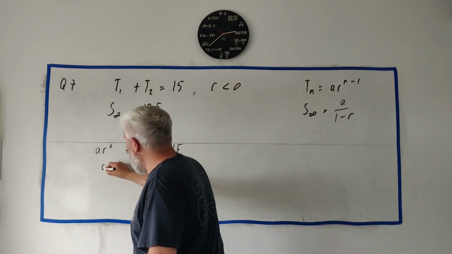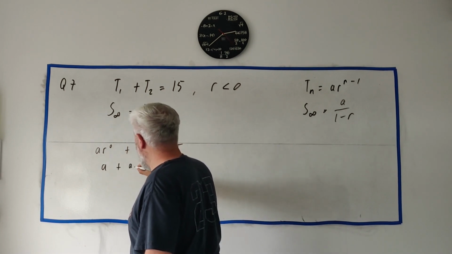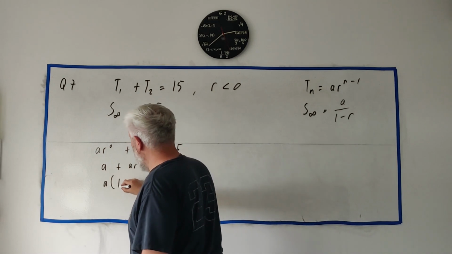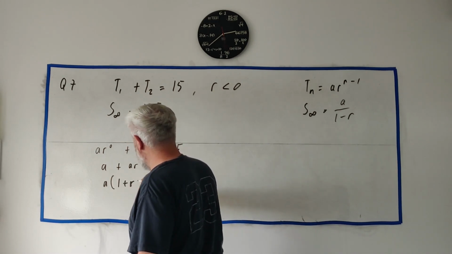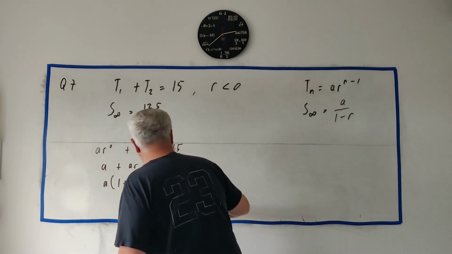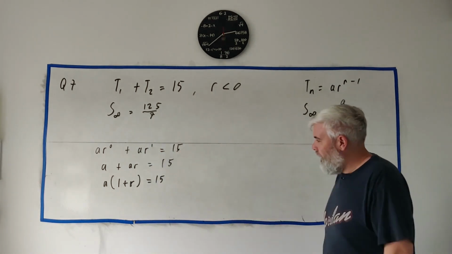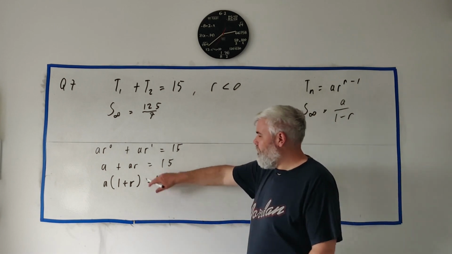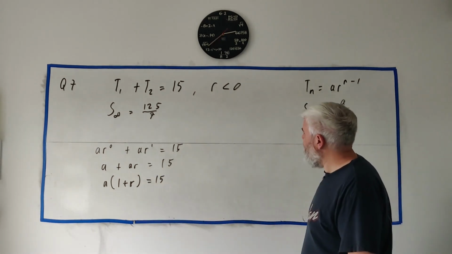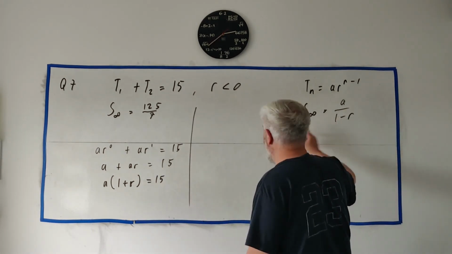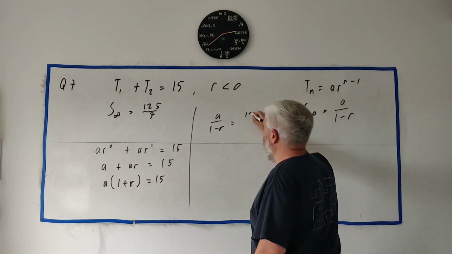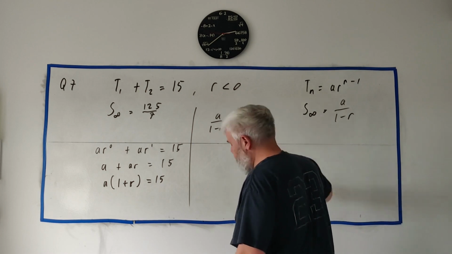Or to write that another way, a plus ar equals 15, or to write it even one last way, a(1 plus r) equals 15. 1 minus r would be nice because it'll cancel out, but well, it works out fine anyway. Okay, so that's the first clue, it gives us this equation. The second clue, this formula here, a over 1 minus r is equal to 125 over 7.